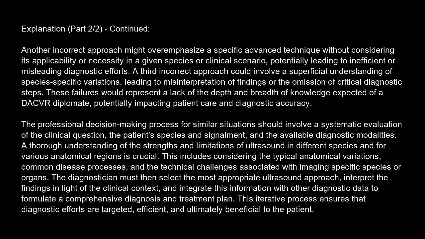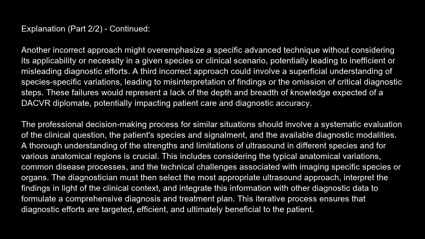The professional decision-making process for similar situations should involve a systematic evaluation of the clinical question, the patient's species and signalment, and the available diagnostic modalities. A thorough understanding of the strengths and limitations of ultrasound in different species and for various anatomical regions is crucial. This includes considering the typical anatomical variations, common disease processes, and the technical challenges associated with imaging specific species or organs.